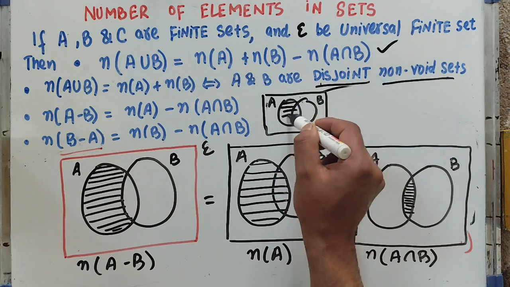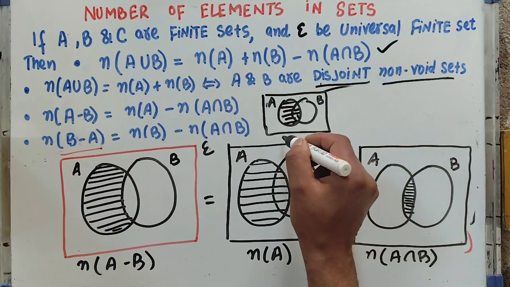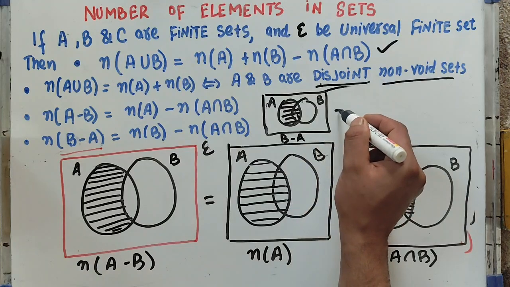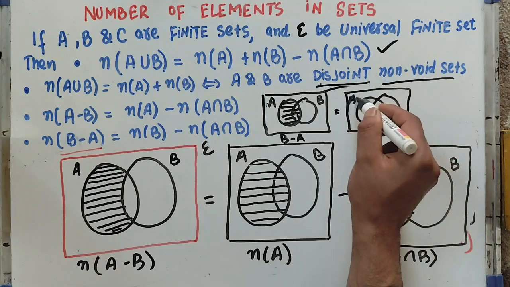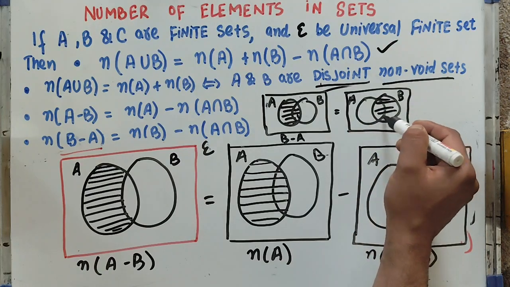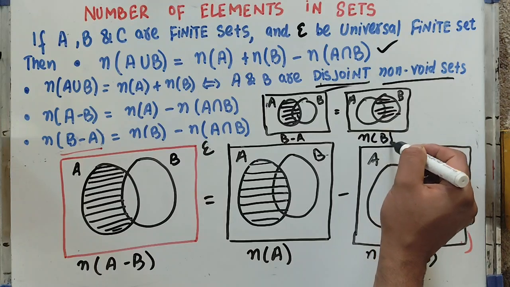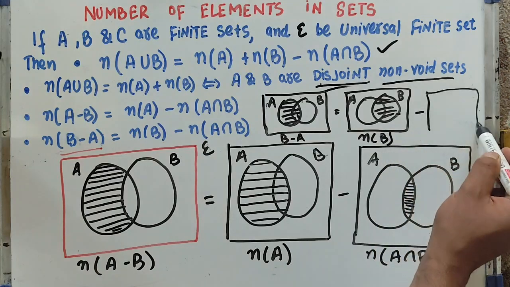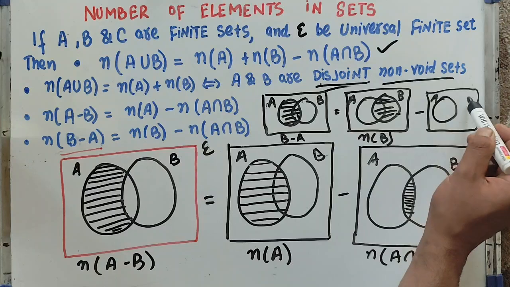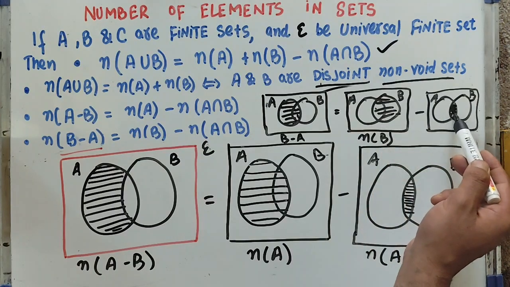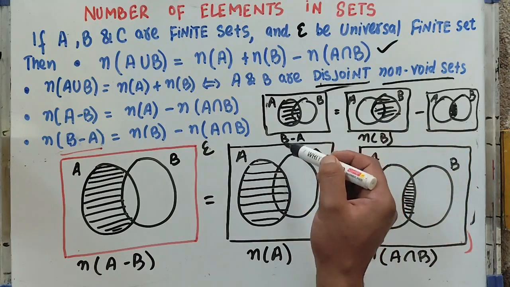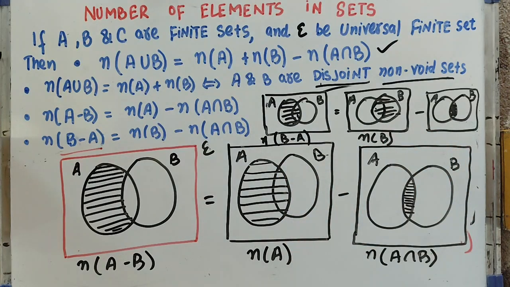So this very region will denote B minus A, and it will be equal to the number of elements in B minus the common region, that is A intersection B. When we subtract this lens shaped region from this, we will get the number of elements in B minus A. Now we will also take some numerical examples or word problems on this.